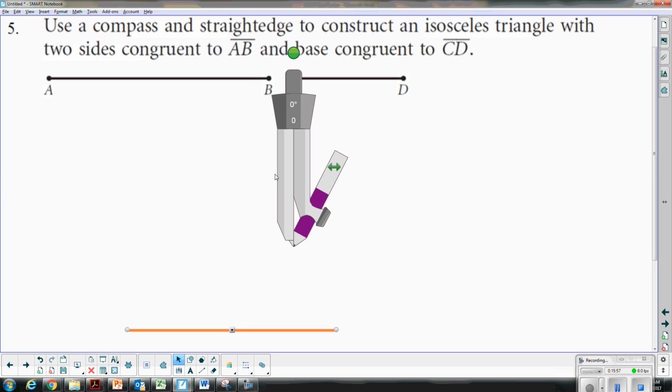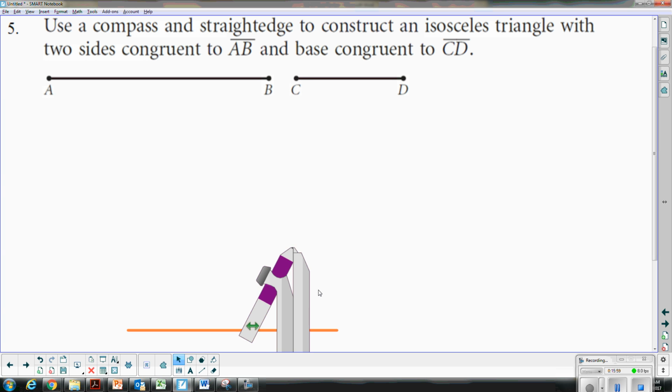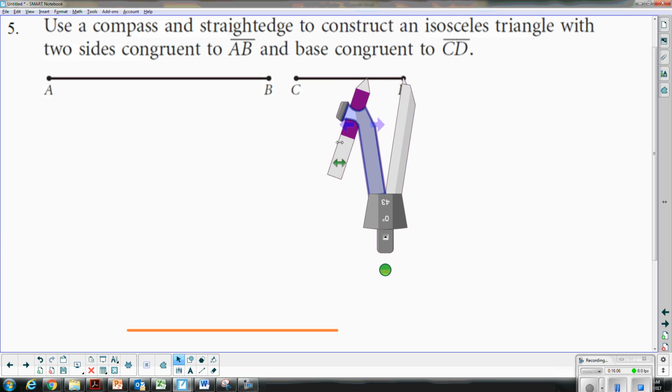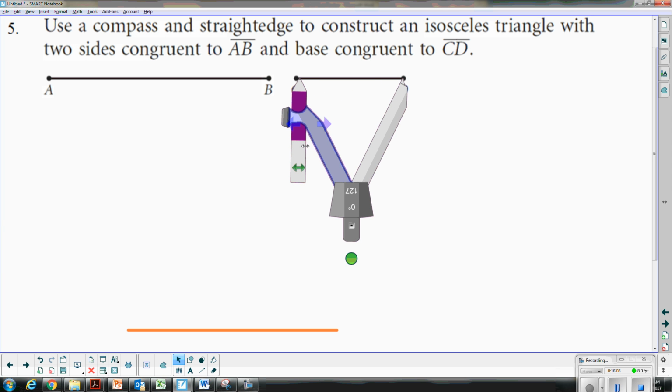So I'm going to use my compass. I'm going to measure CD because that's how big I want my base to be. So I'm going to duplicate CD onto that orange line that I just drew.